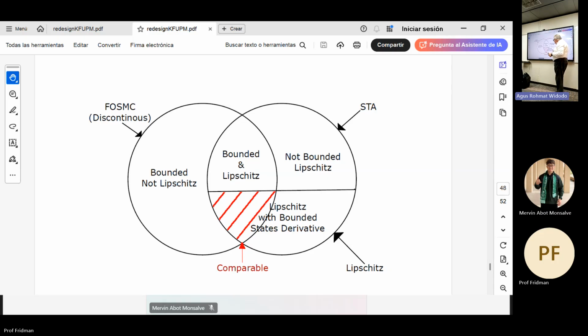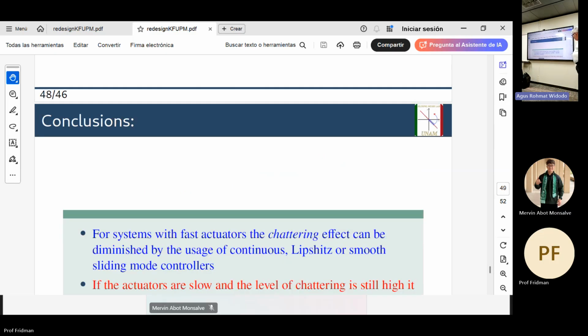So Lipschitz and continuous controllers are able to compensate first Lipschitz bounded, but also Lipschitz unbounded, which are growing like a linear function of time. And there is another restriction: if you use a Lipschitz controller, you also need to ask that they be bounded in the state area. That's the restriction.